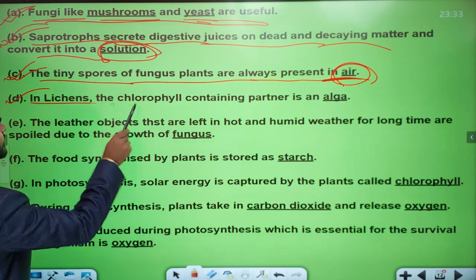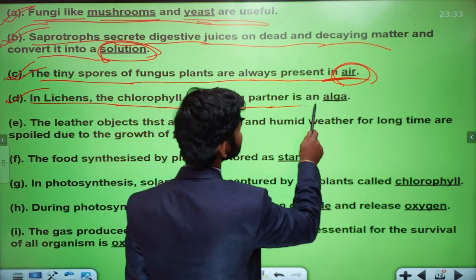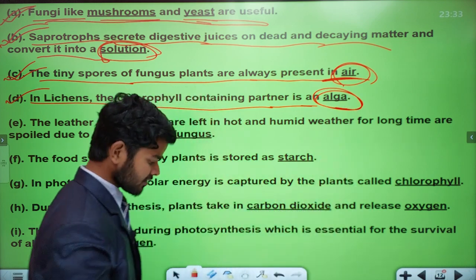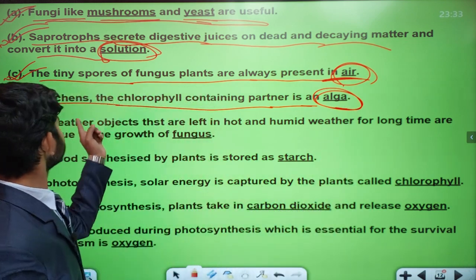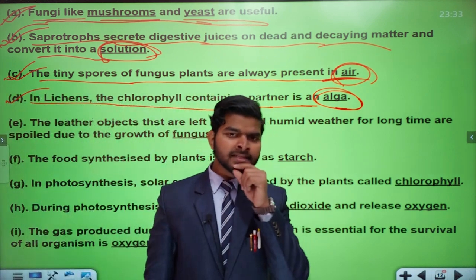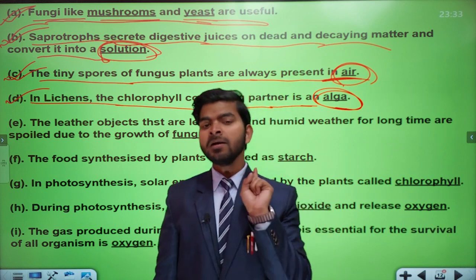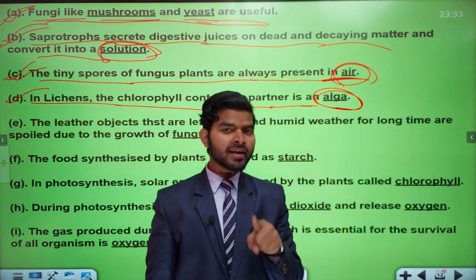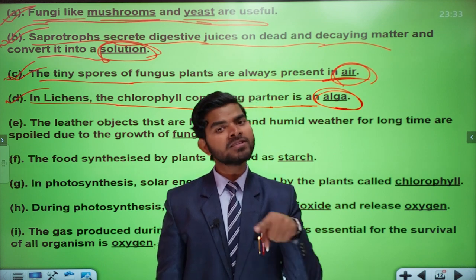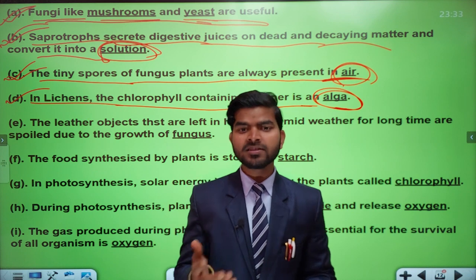Question number D. In lichens, the chlorophyll containing partner is an alga. All right. In lichens, we have learned that lichen is an example of symbiotic plants. Lichens have two different species of plants which are part of the same plant, the lichen. The first one is the alga, and the second one is the fungus.